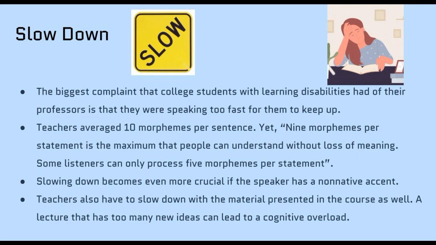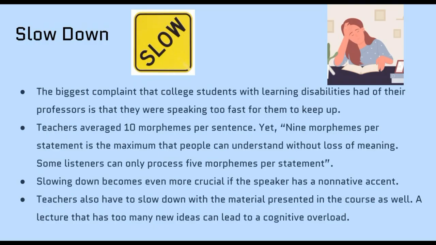The book gave a really good example of how the word president is just one morpheme because it's just one idea or one concept or one thing. But the word presidents, plural or with an S, is now worth two morphemes because now there's two ideas and two concepts and two meanings to keep track of.